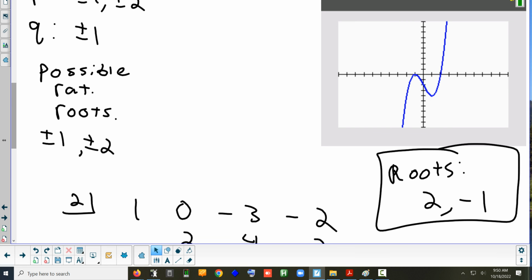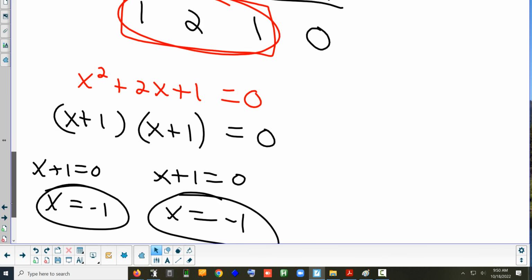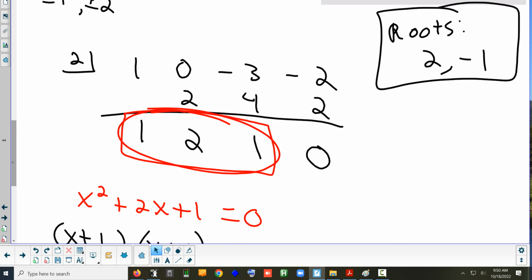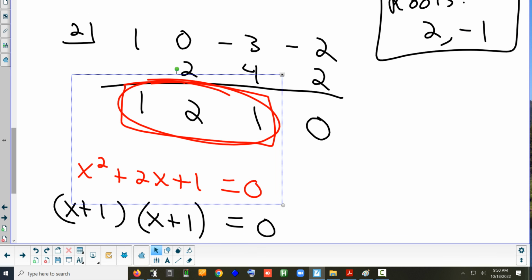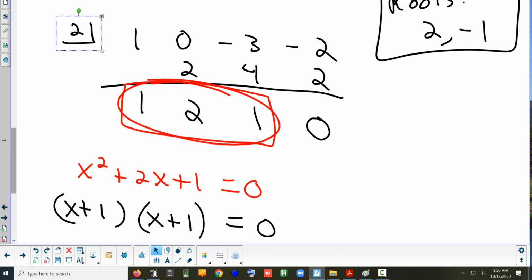Now, sometimes what's going to happen is you're going to get to this step, and you are not going to be able to factor it as nicely as this. What would you have to do if this problem wasn't factorable? Yep. You just try the other possible root. Well, if you've gotten to this step, then you already found a root that worked.